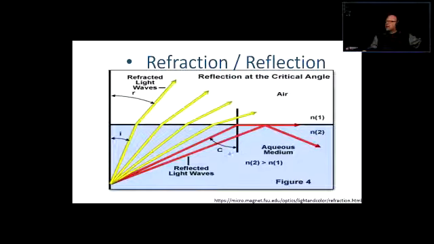If the angle is greater than the critical angle, this angle right here, the light is going to stay reflected. If the angle is smaller than the critical angle, then the light is going to have enough energy to puncture through the interface and refract.